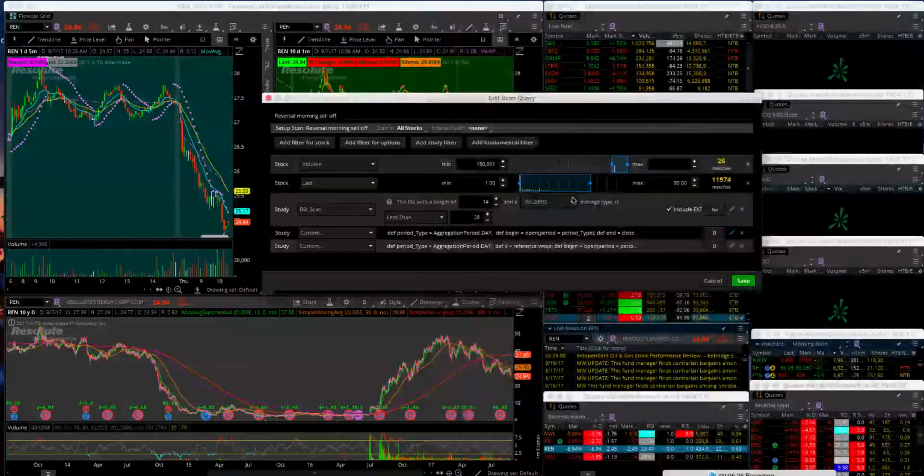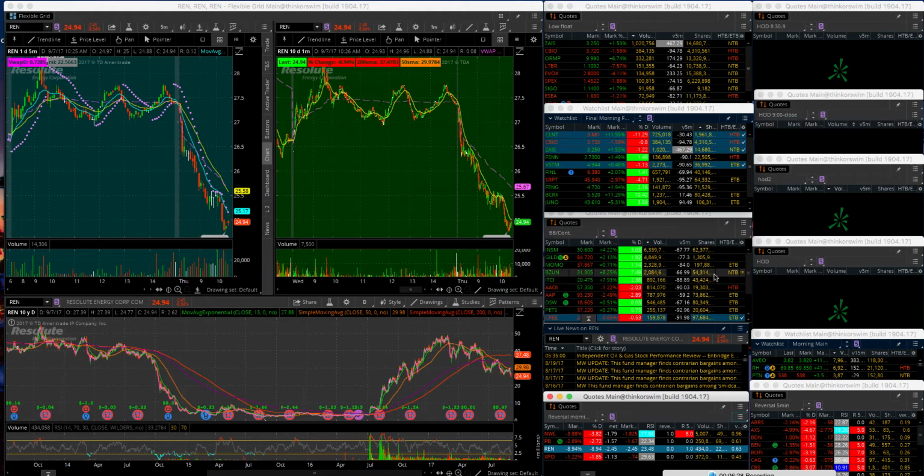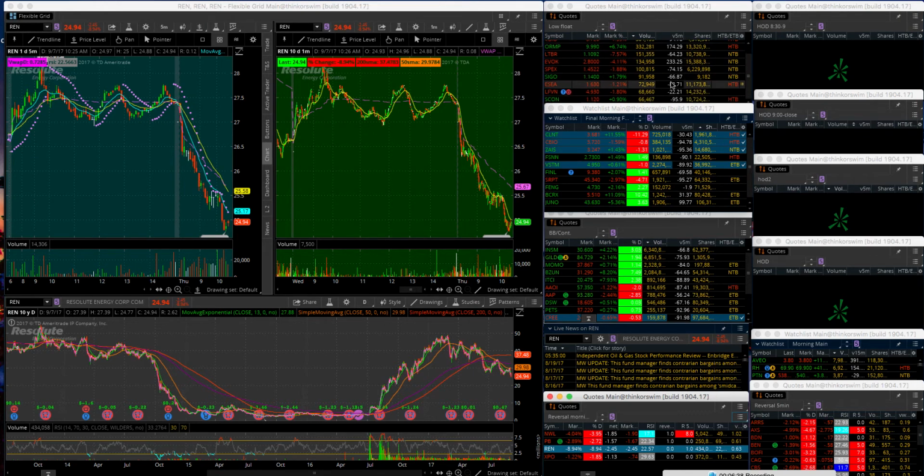Other than that, actually, there is something. I don't know if y'all had a problem with it. Basically, some of my scanners, like this scanner right here, see how it's showing me all these with less than 100,000 shares of volume?